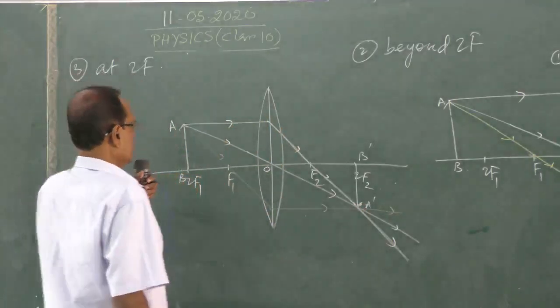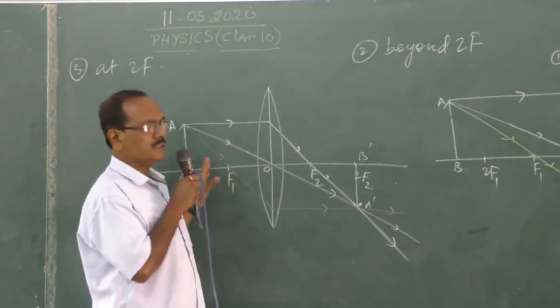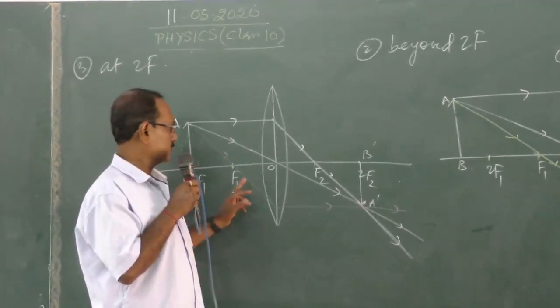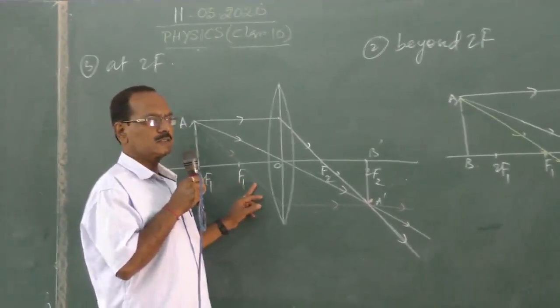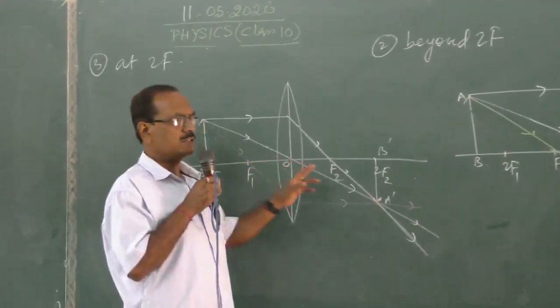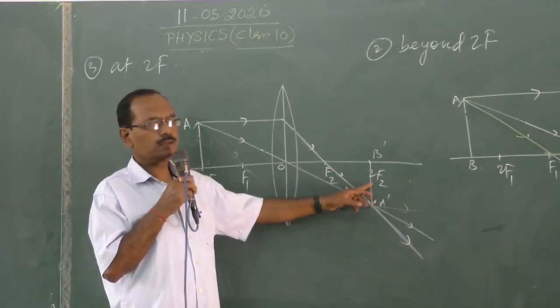If the question is asking for all 3 rays, then you draw this one; otherwise these 2 rays are enough. Now the characteristics of the image. Number 1, the image is real.